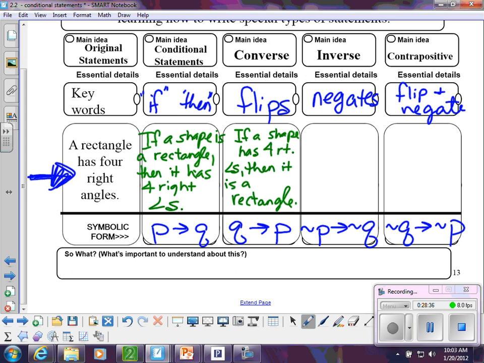I'm going to negate the original, the conditional. So if a shape is not a rectangle, then it does not have 4 right angles.